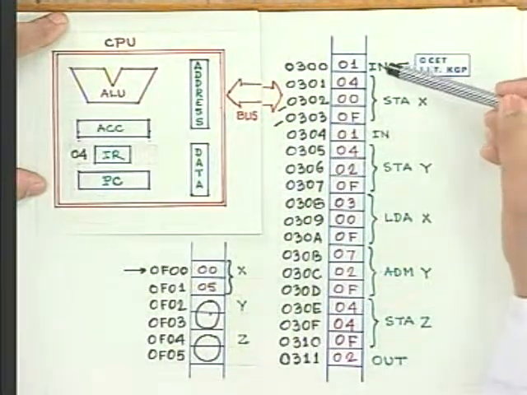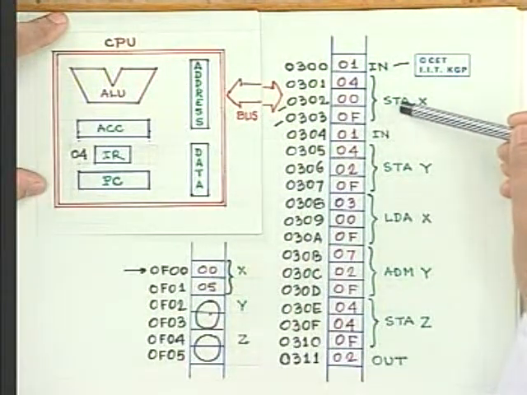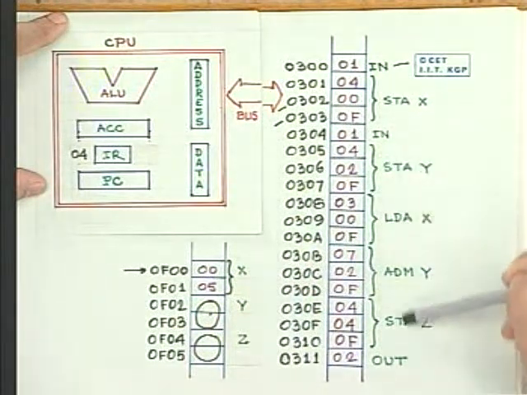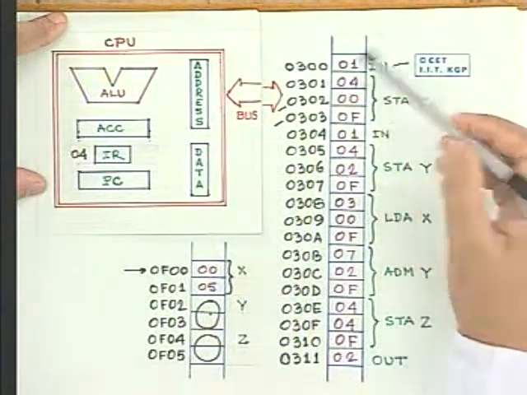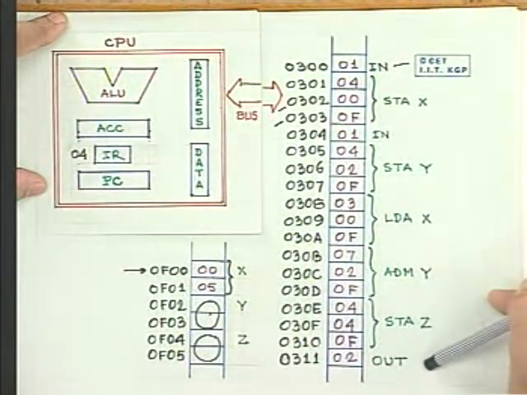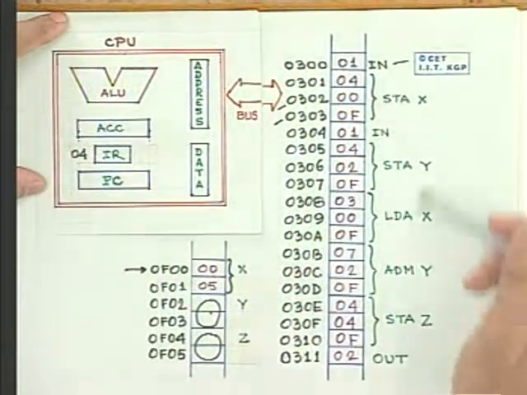That means one instruction after the other, as sequentially put into memory starting from memory location 0300, is being executed. But what happens if there are branch kinds of instructions? For example, if there's an if instruction or a go to instruction, let us see what happens then.